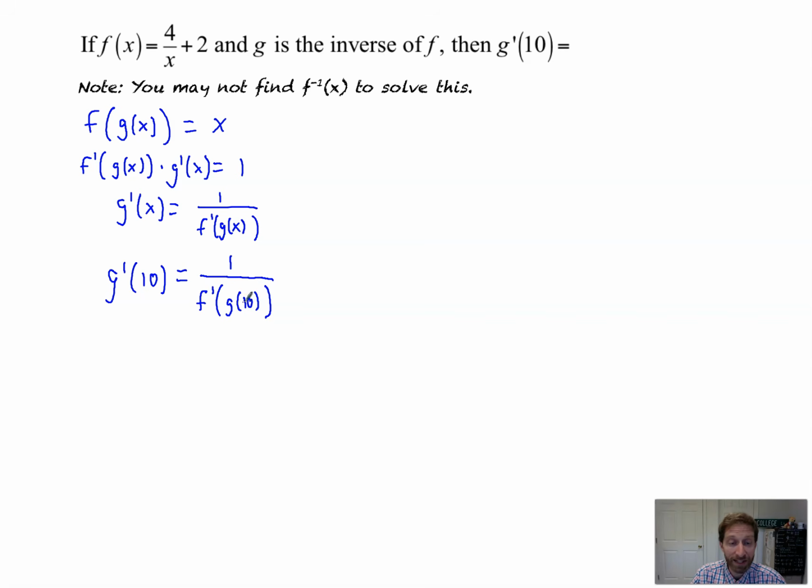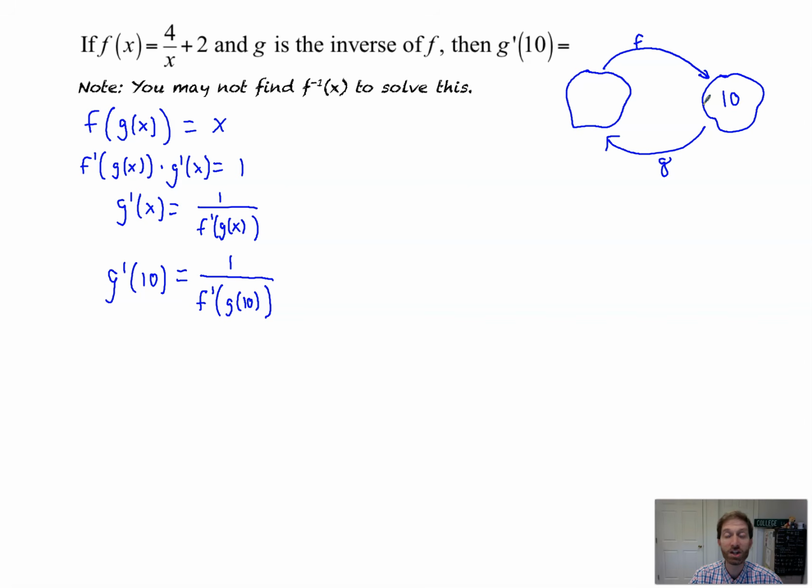The problem's telling you, find g of 10. That's why I went over those blob ideas, right? Where's g in all this? Where's 10? f sends us from x to y, right? That's where f sends us. g sends us back. So if we want g of 10, 10 is existing over here. And that therefore is a y value to f because it's an x value to g.